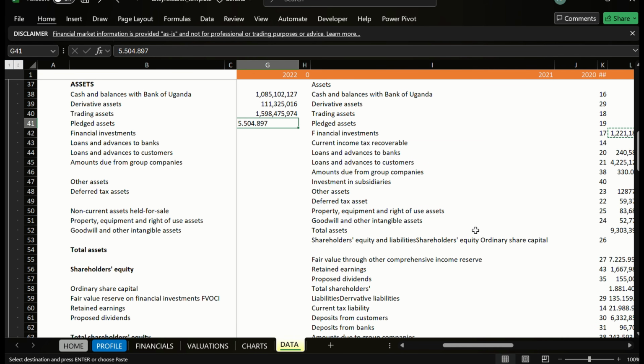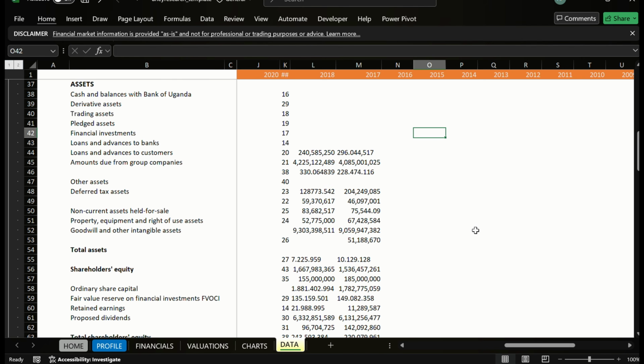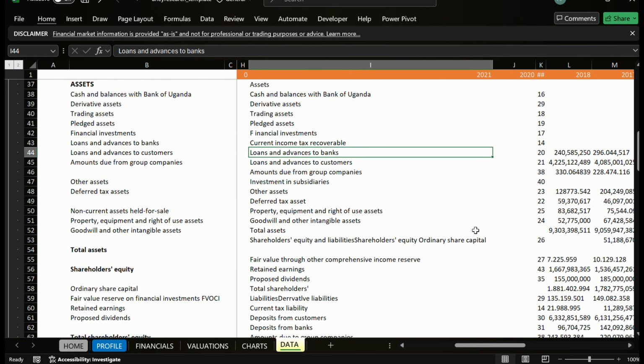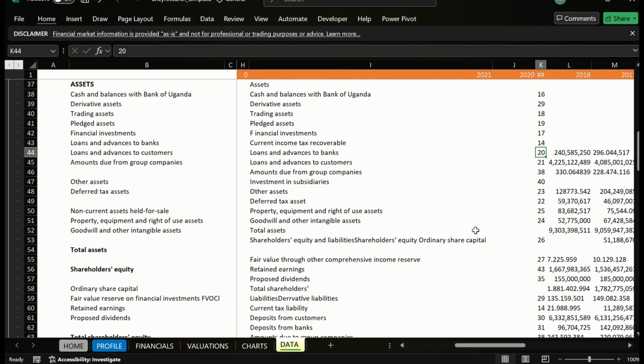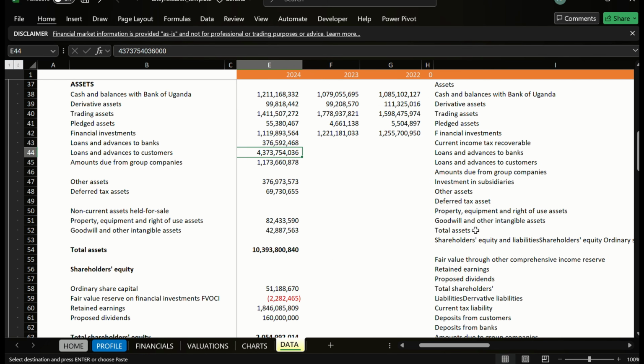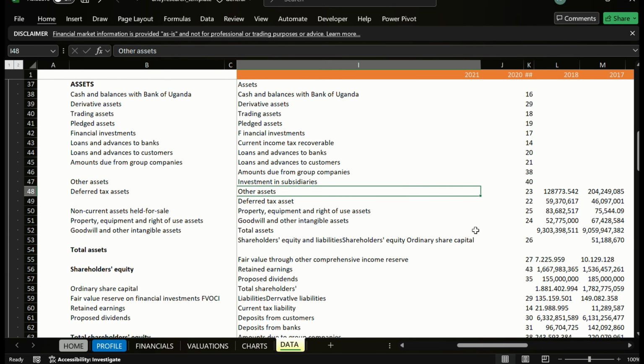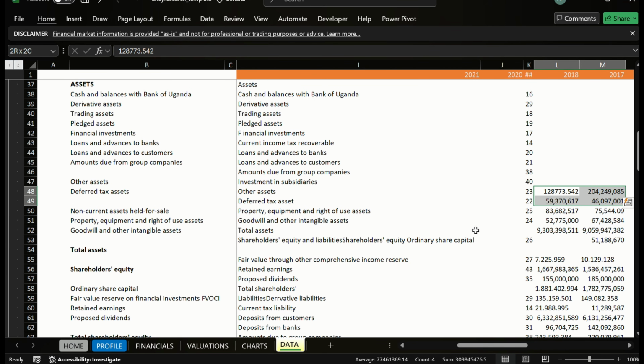Lines for those on advances, customers, amounts due. Let's get this. Banks, customers, investment in other subsidiaries, and then other assets.